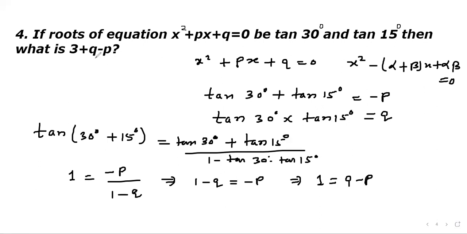Now, we have got the value of q minus p, and we have to find out 3 plus q minus p. So since q minus p is 1, the value of this expression will be equal to 3 plus 1, that is 4, which is our answer.